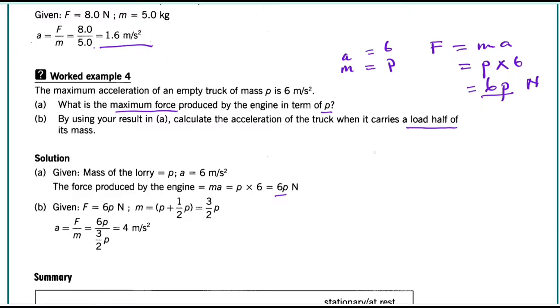So say we have our track, this one is our track, right?